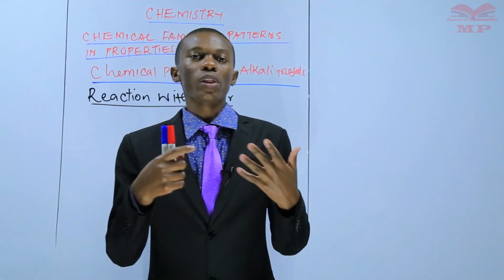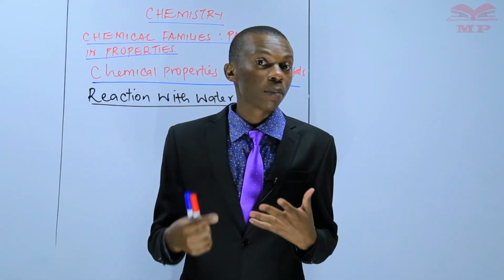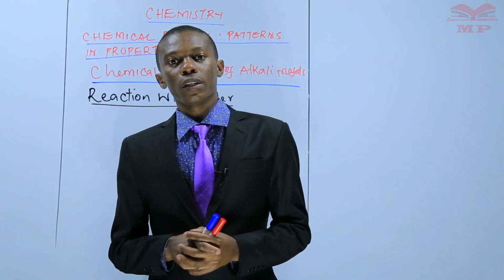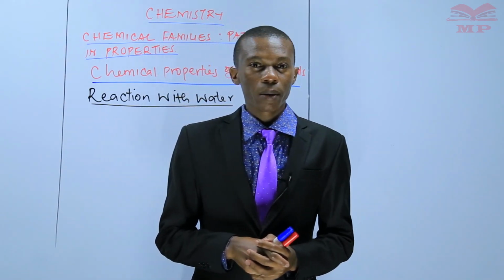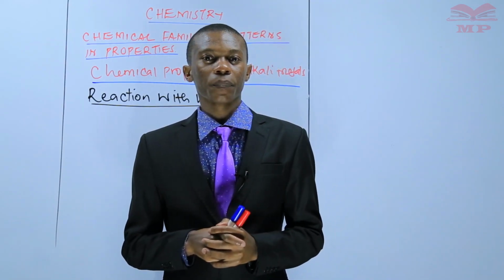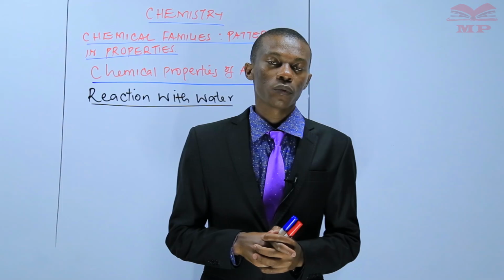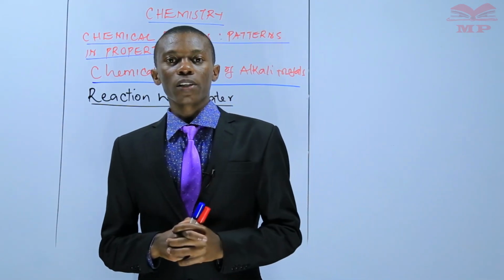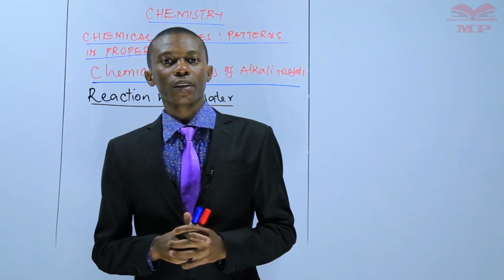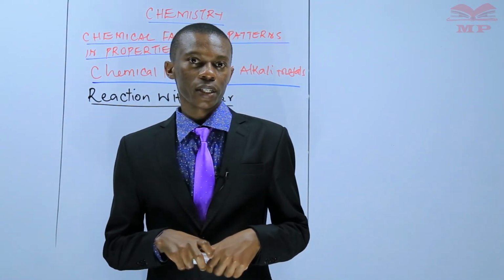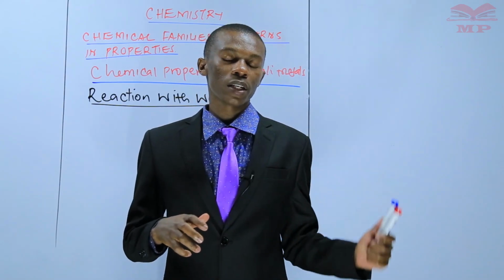But when sodium reacts with a limited amount of oxygen, it leads to formation of sodium oxide. But when it reacts with excess oxygen, it leads to formation of sodium peroxide. When potassium reacts with oxygen, it leads to formation of potassium oxide. That is what we learned in the previous lesson.